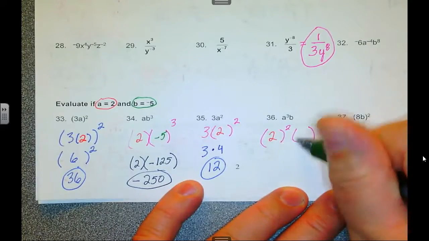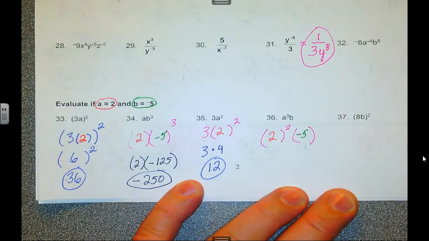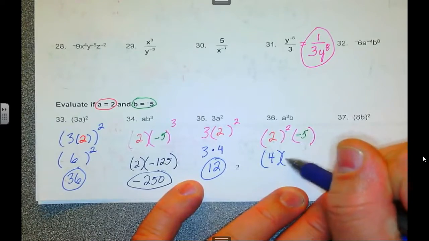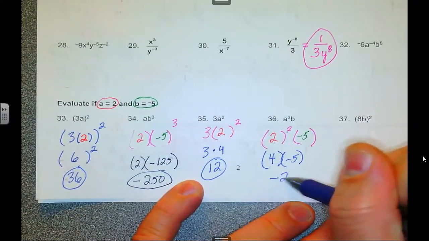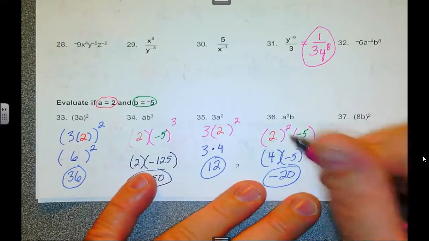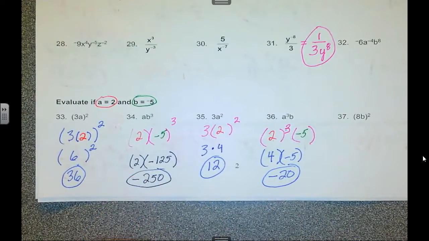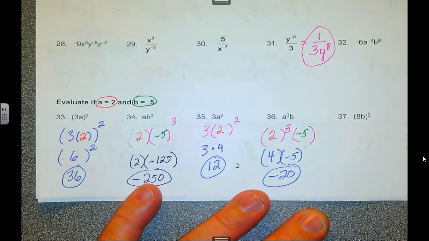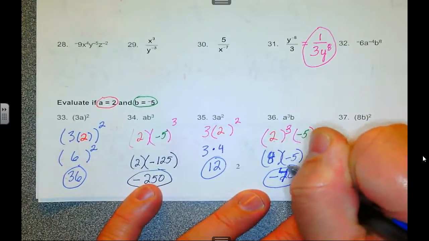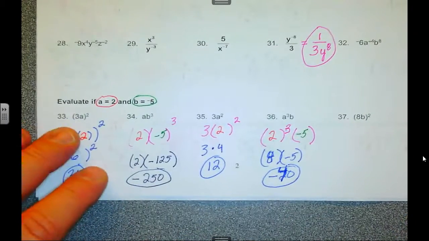B is negative 5. 2 squared, 4, times negative 5, so I get negative 20. Did I screw something up? It's cubed. Oh, it's cubed. So it'll be 8. So, like I said, negative 40.